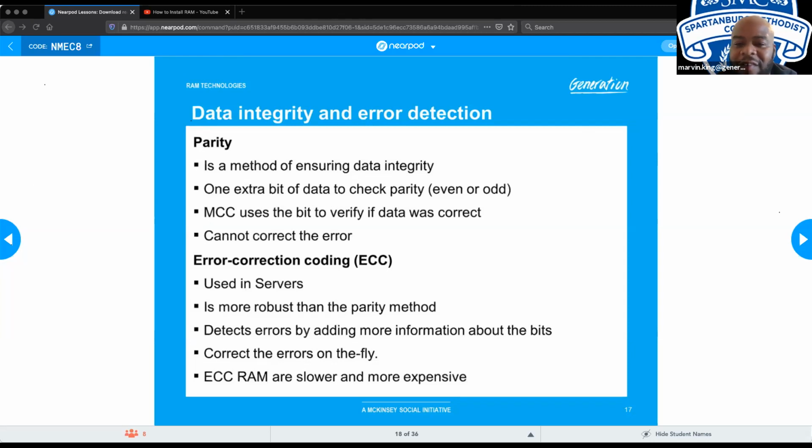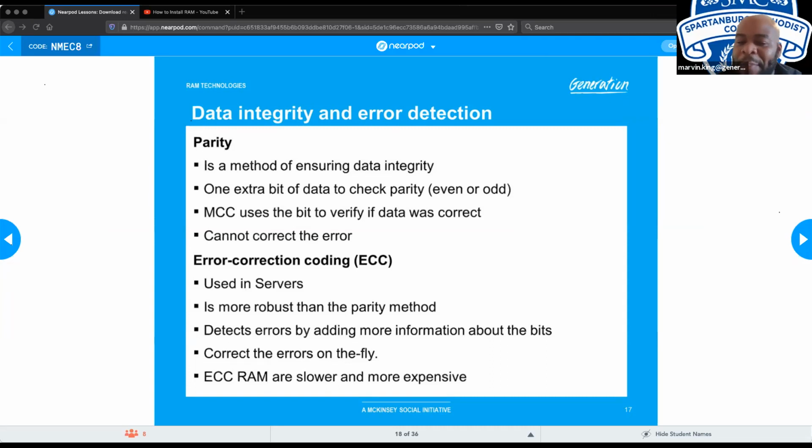Your computer runs on a system called binary, zeros and ones. Yes or no? Yes. Okay. So how can we ensure the integrity of those ones and zeros?